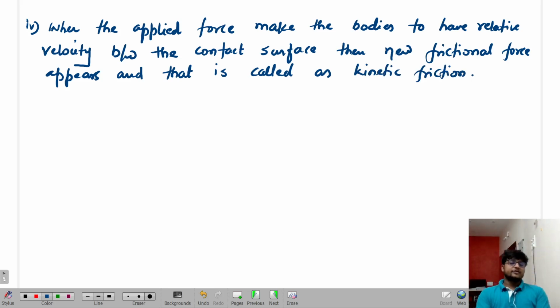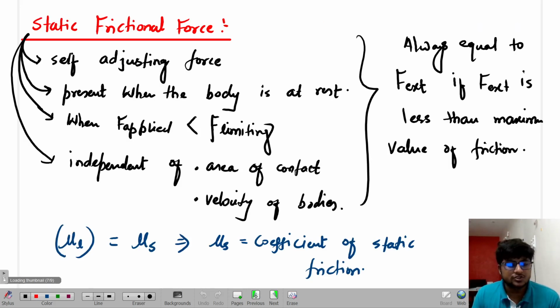Which kind of friction is it called? Kinetic friction. Is that clear? Means as soon as the bodies start to have some motion, again they will have some kinetic friction.